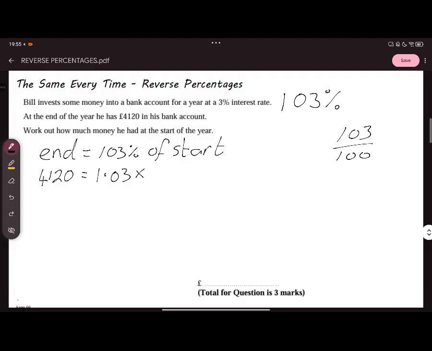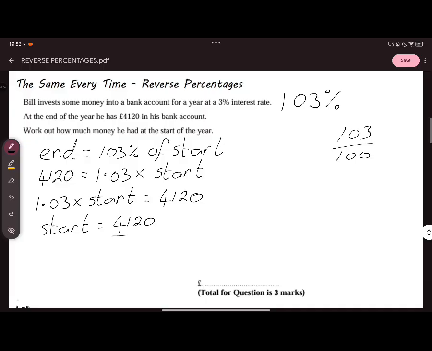Of becomes a multiply, and the starting amount is what we want to find. Again, I'm going to write it the other way around here, so 1.03 times by the starting amount equals 4,120, multiplying by 1.03 on that side, so divide by 1.03 on the other side. And again, I'll reach for my calculator. 4,120 divide by 1.03, that's 4,000.